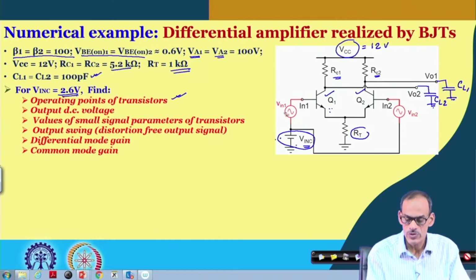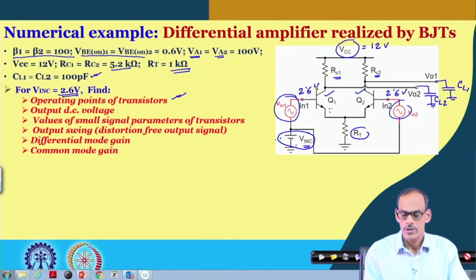For DC analysis, we can ignore the AC signal part, so we have 2.6 volt at the base terminals of both Q1 and Q2. With a VBE on drop of 0.6, the DC emitter voltage is 2 volt.